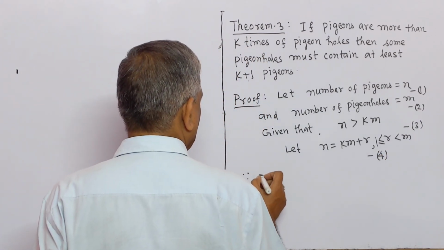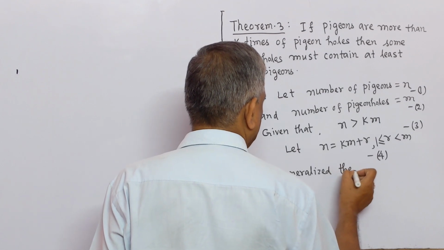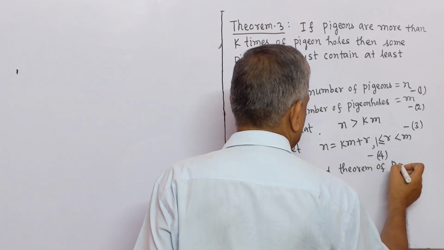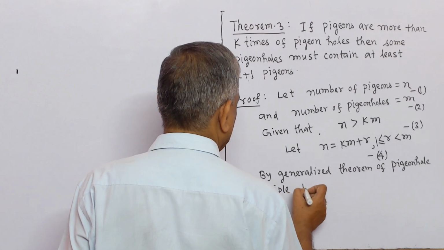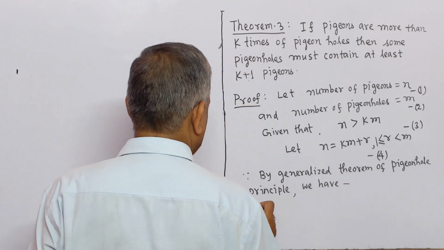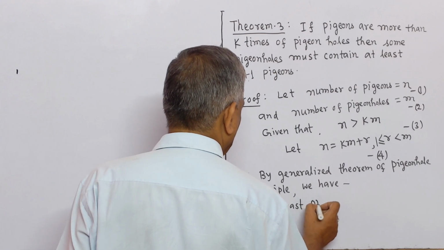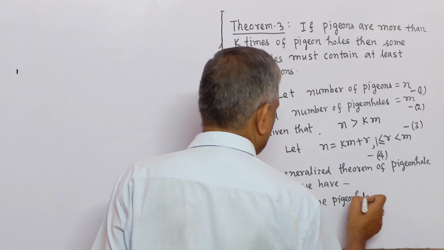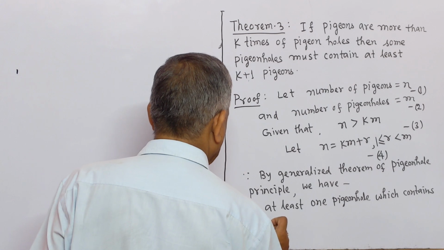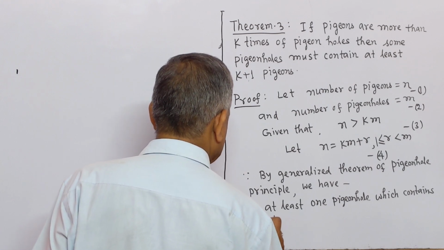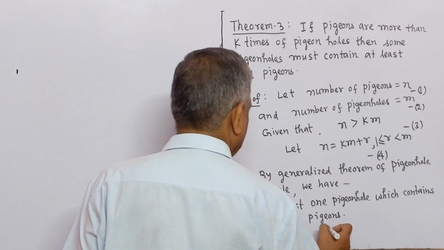Since, by the generalized theorem of the Pigeonhole Principle, we have there exists at least one pigeonhole which contains the greatest integer function of (n minus 1) by m, plus 1 pigeons. This is number 5.